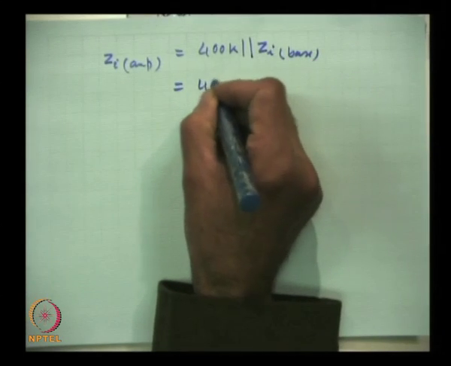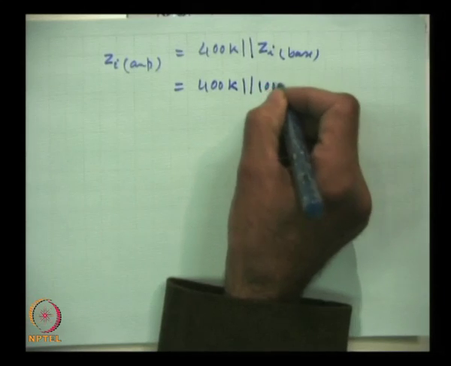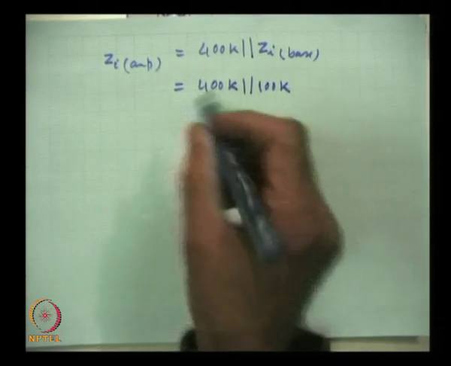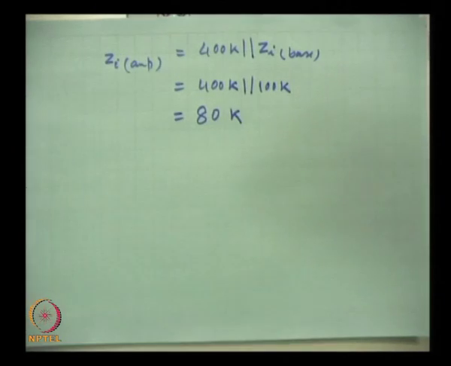This is 400 K in parallel with 100 K, and when you solve it, it will come out to 80 K. So, the input impedance of the amplifier is quite high.